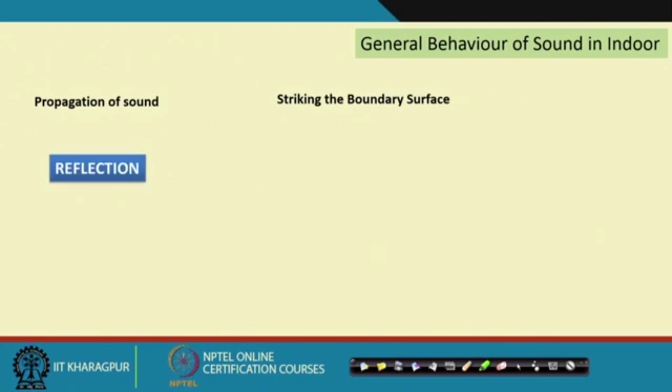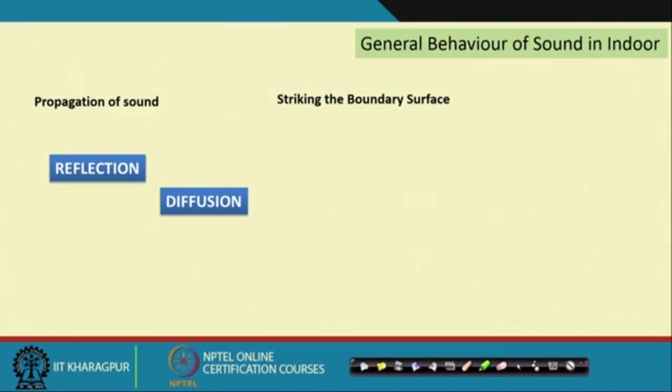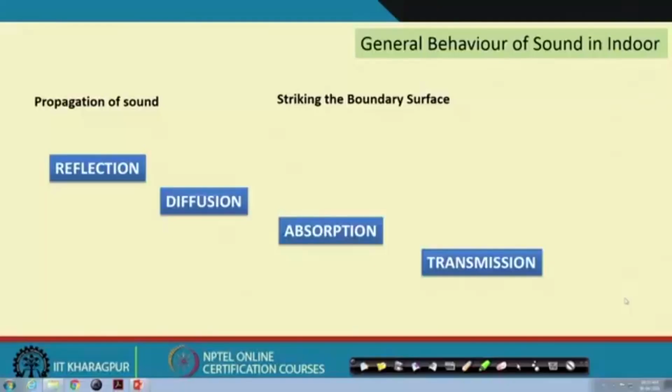The first one is reflection, the second is diffusion, the third is absorption and the fourth is transmission of sound. All these 4 phenomena are very important in understanding room acoustics. We will discuss them one after the other.